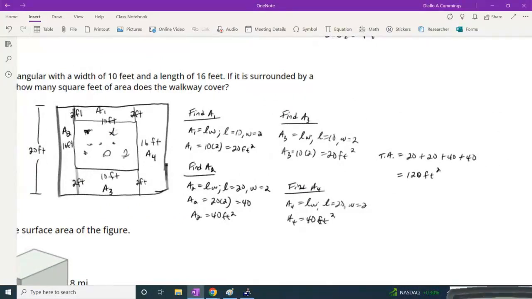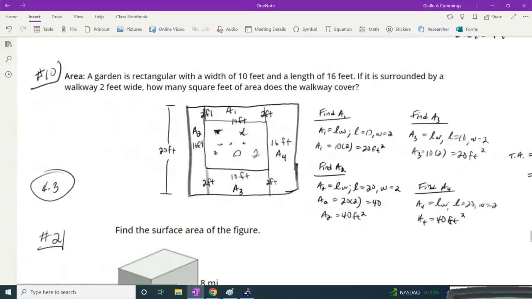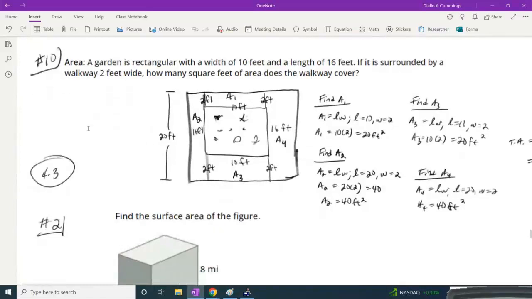Any questions about that one? So just map everything out. I split this up into 4 different regions, found the area for each region, and added them together. All right, that was number 10.